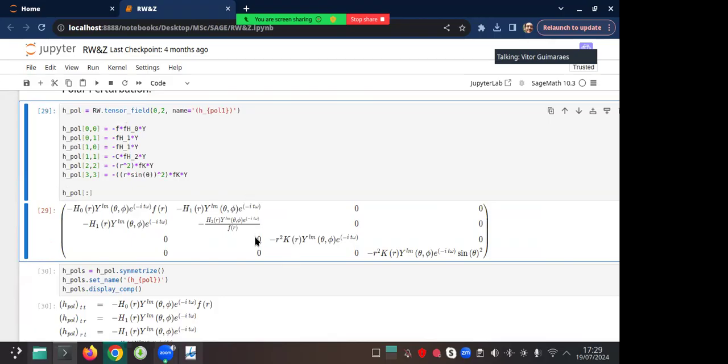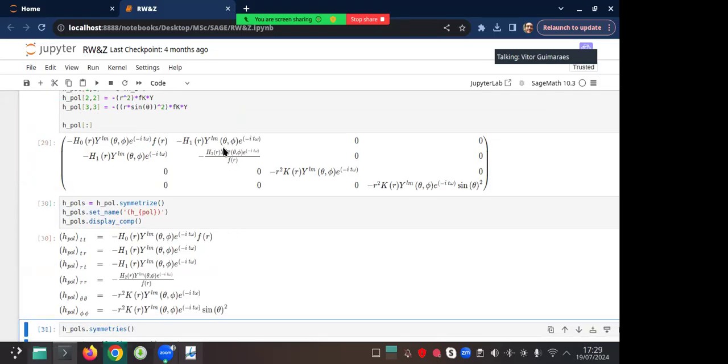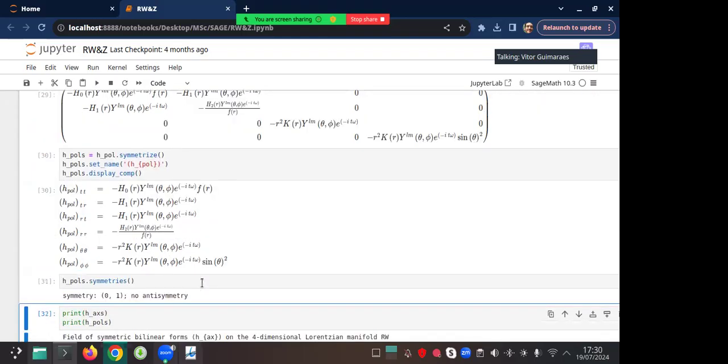But we could have done it as easily as we did in the slides today, using the two-sphere metric, and so on and so forth. We need to symmetrize, and it is already symmetrized, but only to make sure that it is a symmetric 0-2 tensor. We apply symmetrize here. We see the symmetry on the 0-1 indices, which are the first and second indices. No anti-symmetry. This is a symmetric tensor.